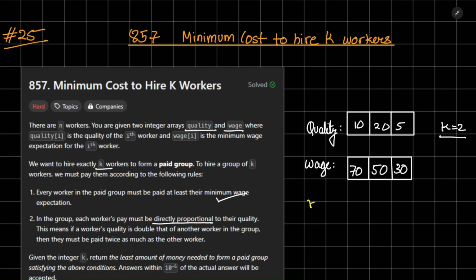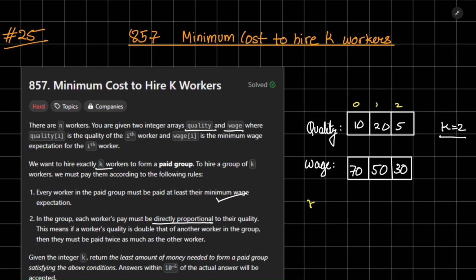If we have a number that we pay per quality, then we can calculate for every quality: we just multiply the quality with that rate and we get the proportional price that we are paying to the worker. We need to ensure that any quality Q from the quality array multiplied by the R that we are choosing should be at least its wage. It cannot be lower than that because we have to maintain the minimum wage.